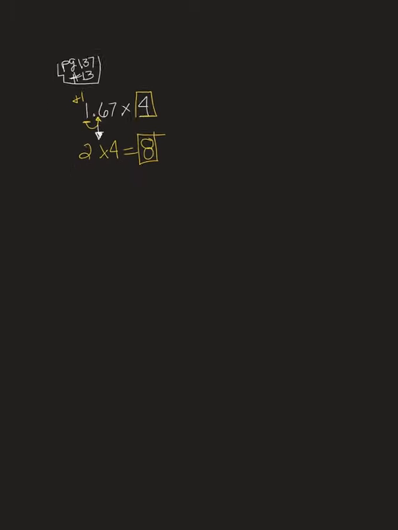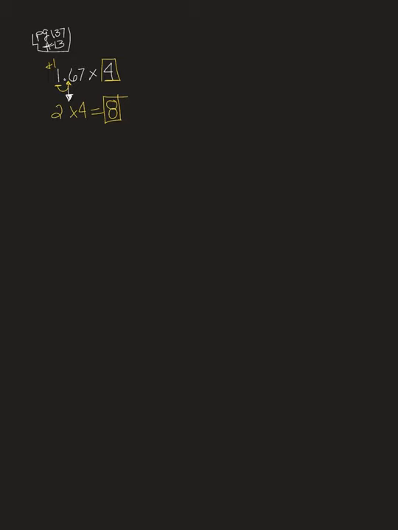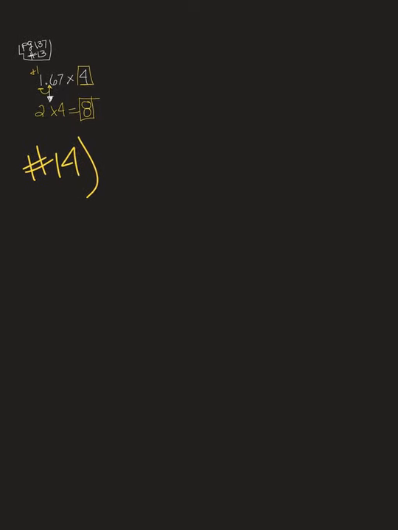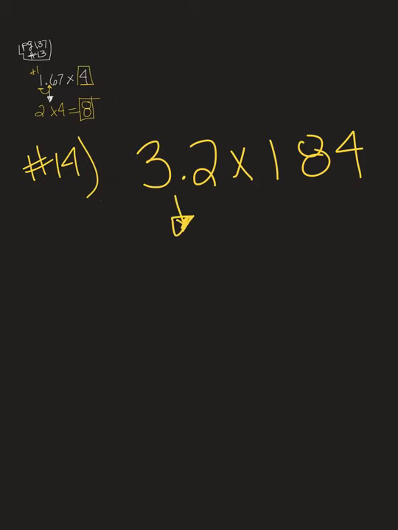Let's move on to number 14. Here's number 14. And that one is written as 3 and 2/10. And we're going to multiply that by 184. And since we're estimating, we can go ahead and change these numbers to some easy to work with digits.